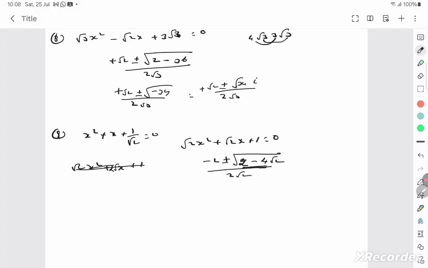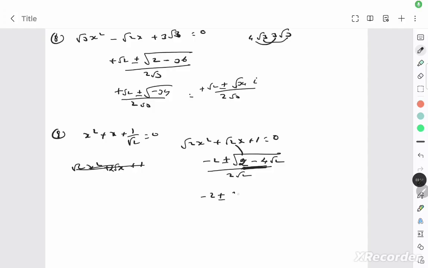So from this you can take whatever common. You can't take a 2 out common, because b square happens to be just 2. So from this probably only root 2 can be taken out common, so you can just leave it like that. So, and that could be your answer.